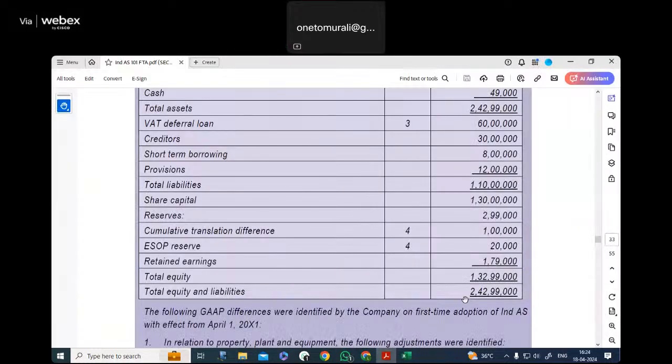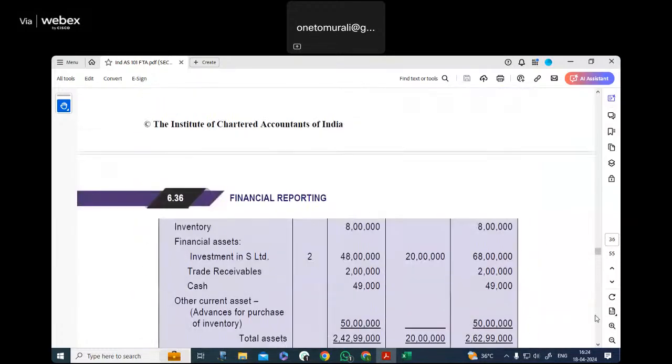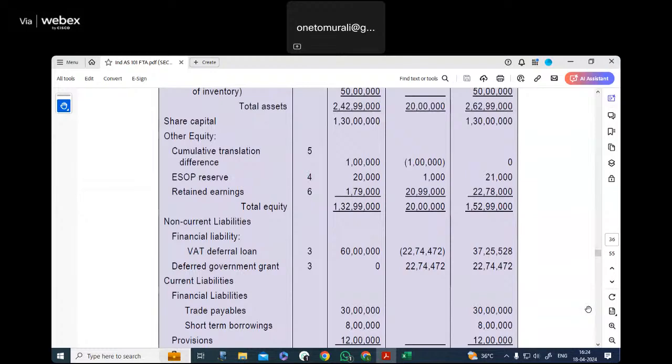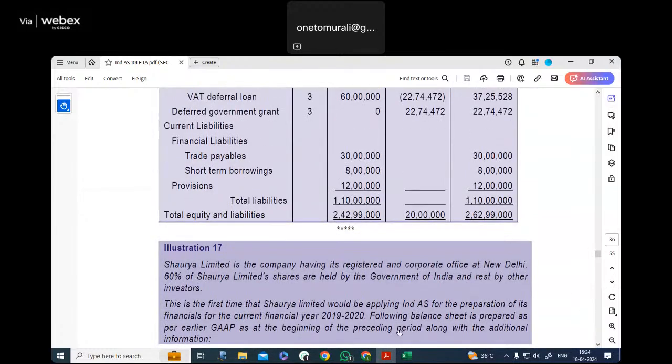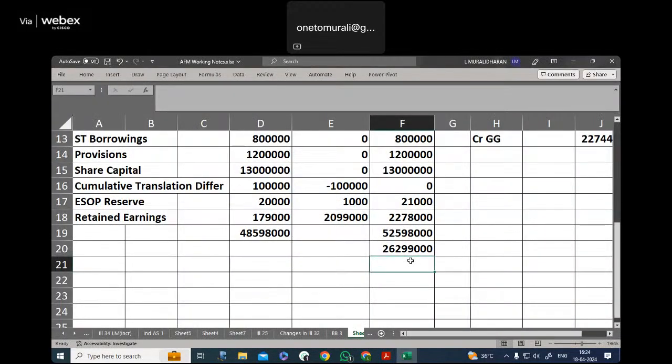See here is the total that you have, 262.99. So both asset and liability we have grouped up and added. So the total shall be divided by 2. So therefore what we have just done is right.